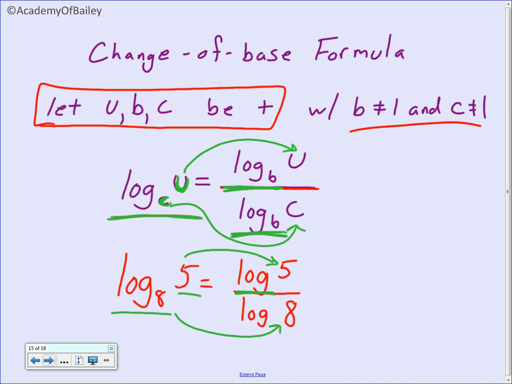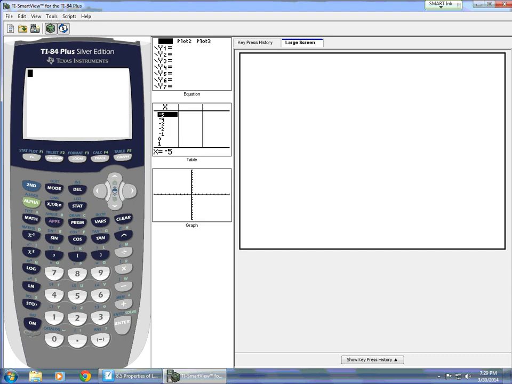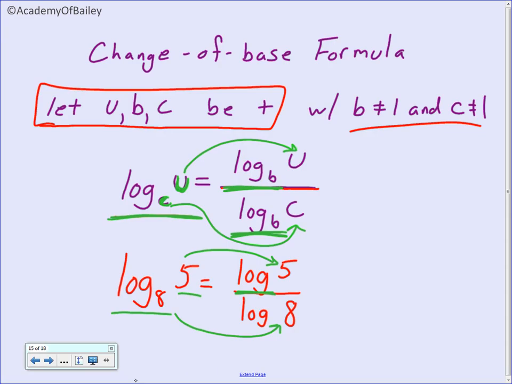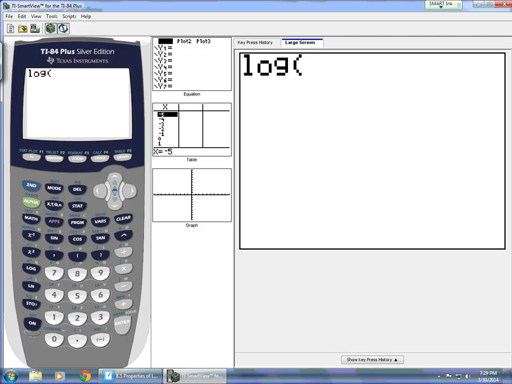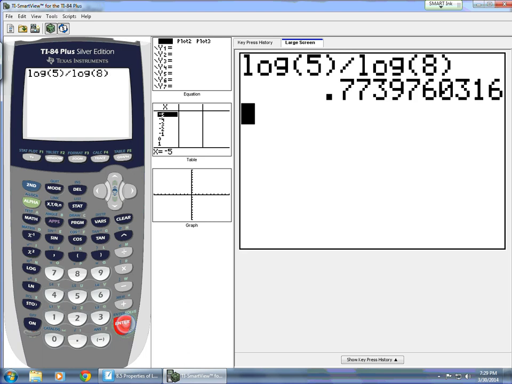If I'm going to need a number for this, I come to the calculator and say log 5, now I have to close my parentheses, divided by log 8. I can hit enter, and I get an approximation, a decimal. That's if you need to.